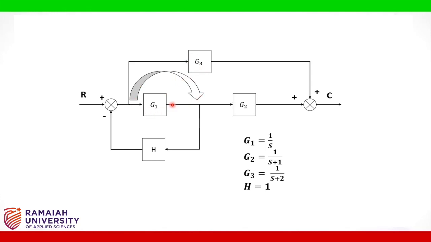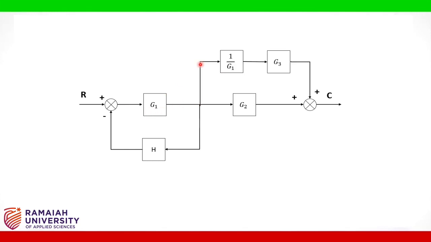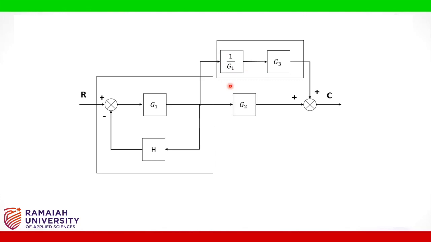Now we can see we have multiplied 1 by G1 along with G3, which are in series, and at this point G1 and H1 form a negative feedback system. So after reducing, these two, 1 by G1 and G3, are in series.